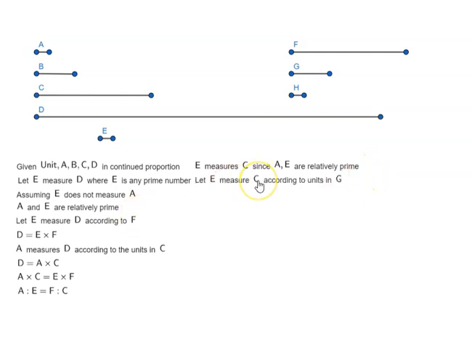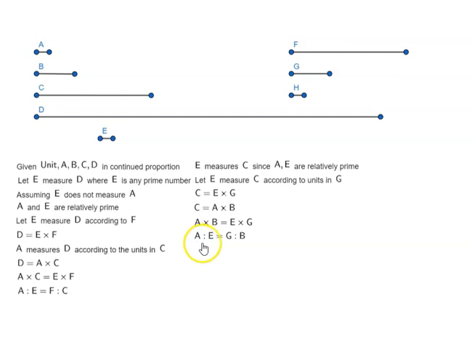Let E measure C according to units in G, which means C is equal to E times G. But we also know C is equal to A times B. So the products are equal. A times B is equal to E times G. In proportionality terms, A is to E is equal to G is to B. And again, same reasoning.